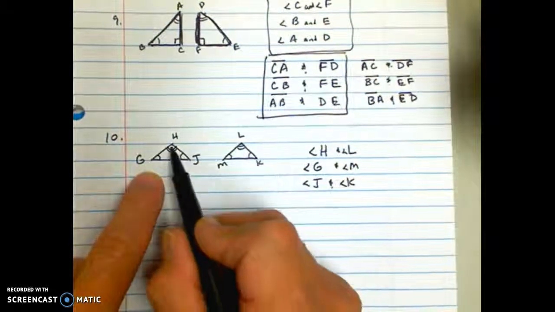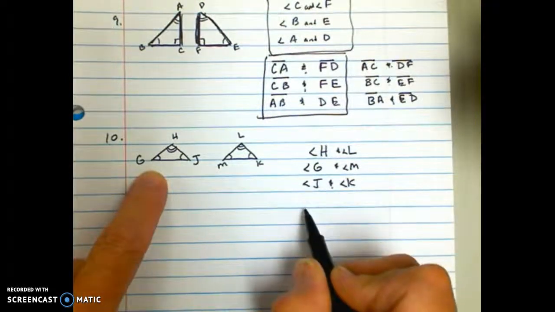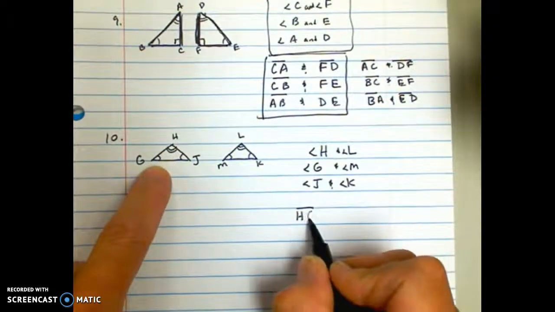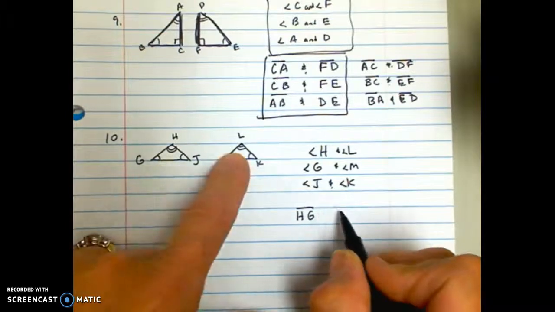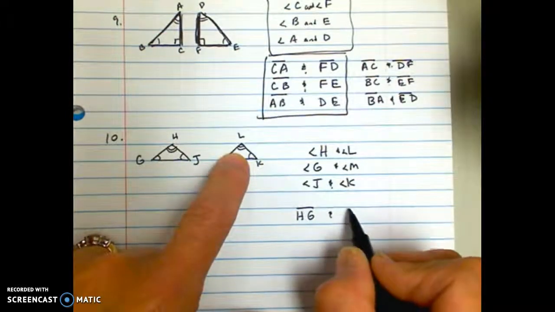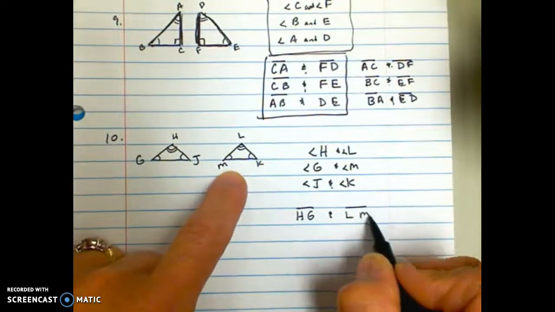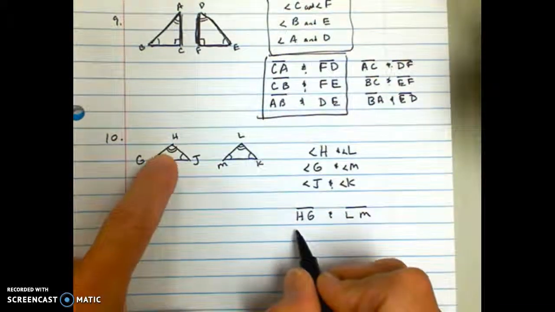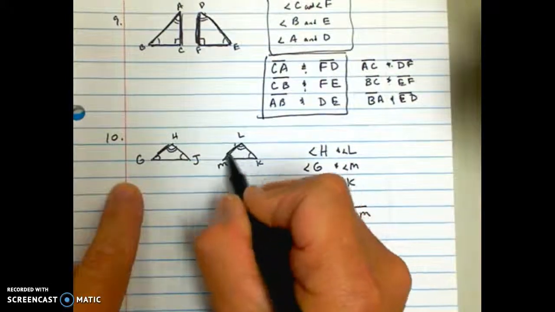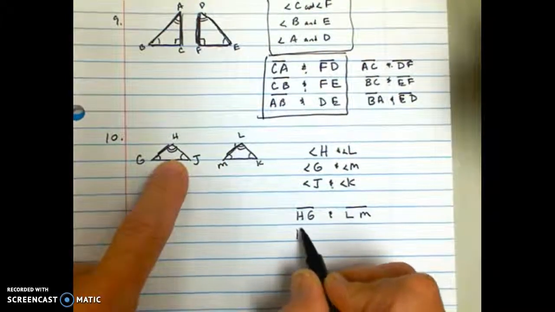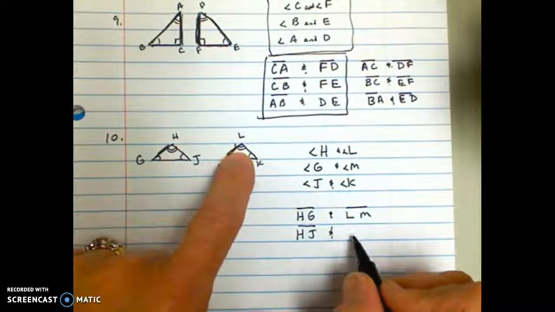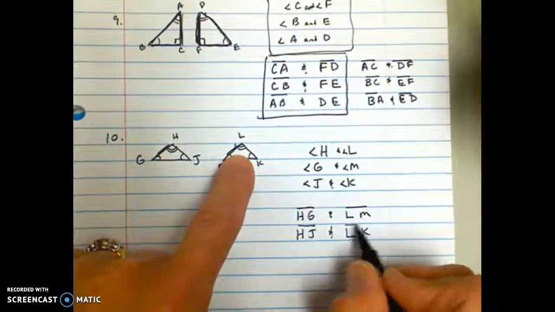Starting from the top, we could say that line segment HG matches with line segment LM. That's one side, this side. And then we could say that line segment HJ matches up with line segment LK.